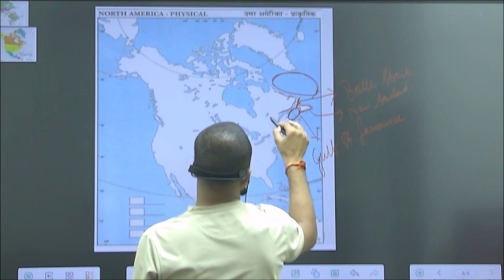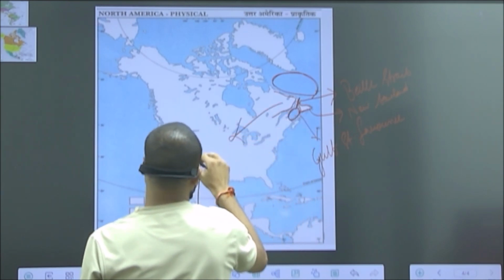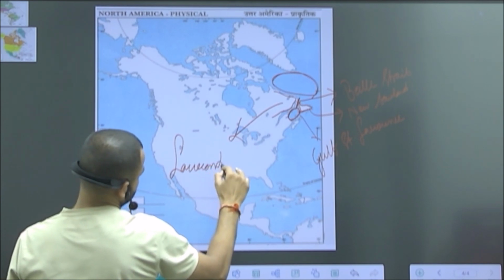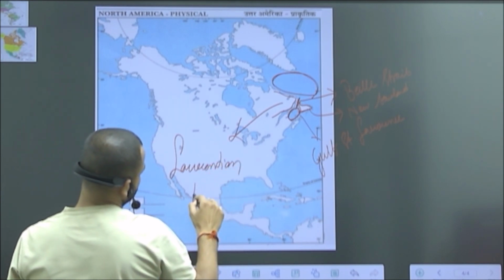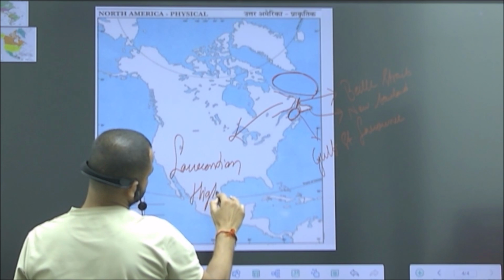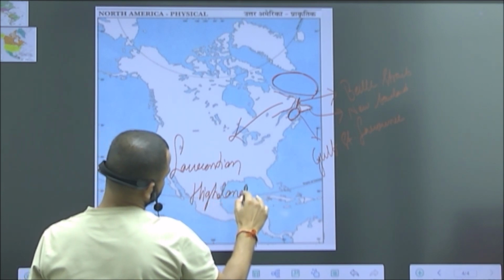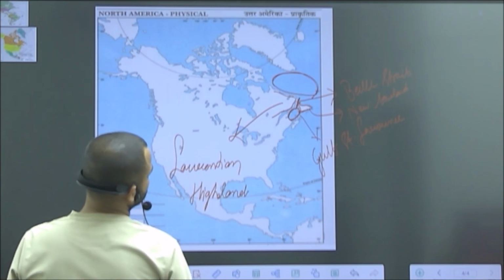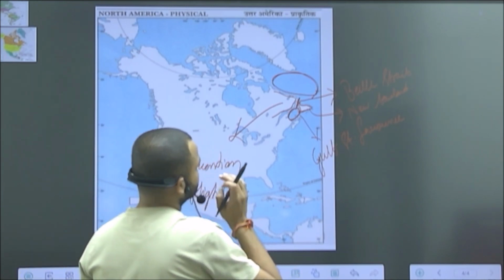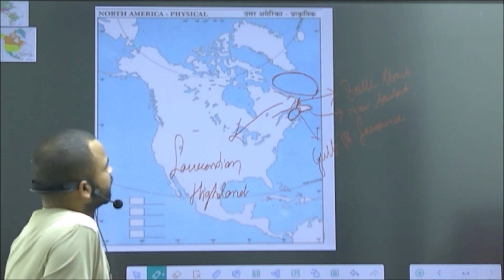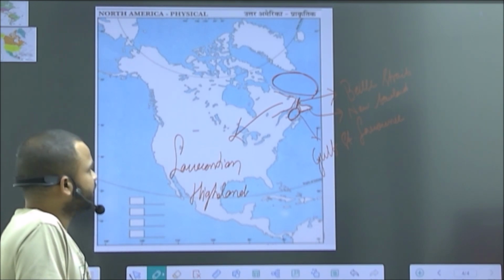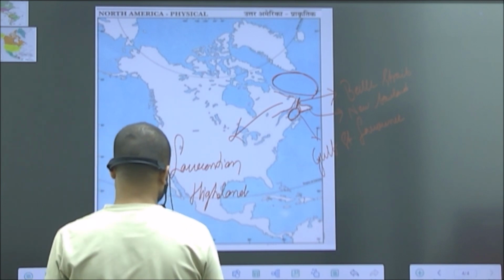It is known as Laurentian Highland. So these are the gulf, strait, sea and highland in this region.